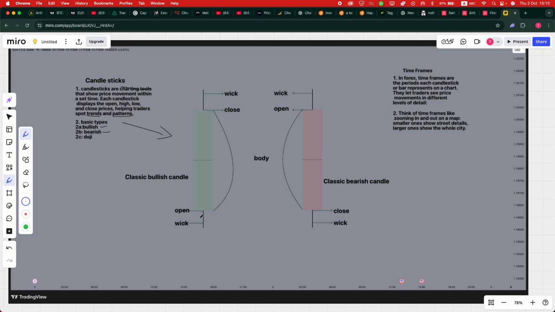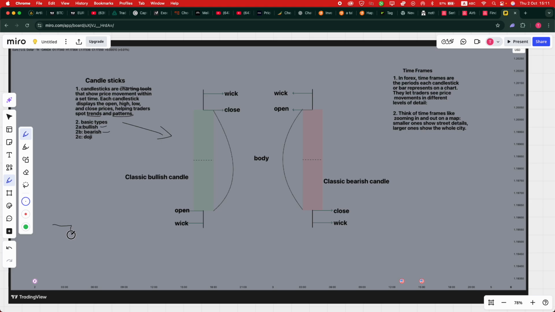How it forms. When the market opens, it opens at a specific price, and the market closes at a specific price. So now, this is what happens. When the market opens, it opens at a specific price, then it trades down below.